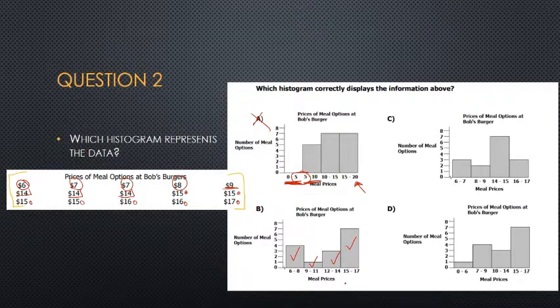And that looks fantastic as well. So it looks like B would be our correct answer because the classes all had a range of 3 and my frequency in each class was correct. So choice B.